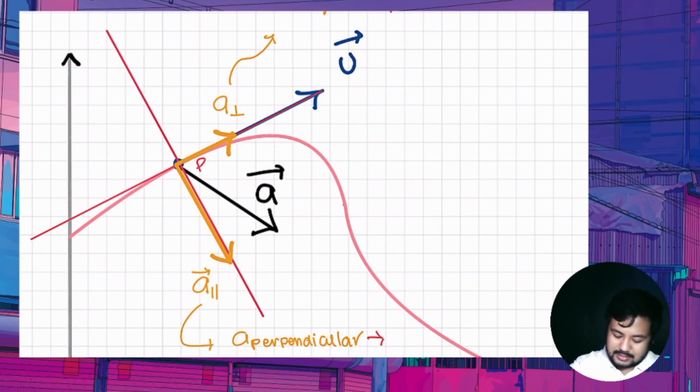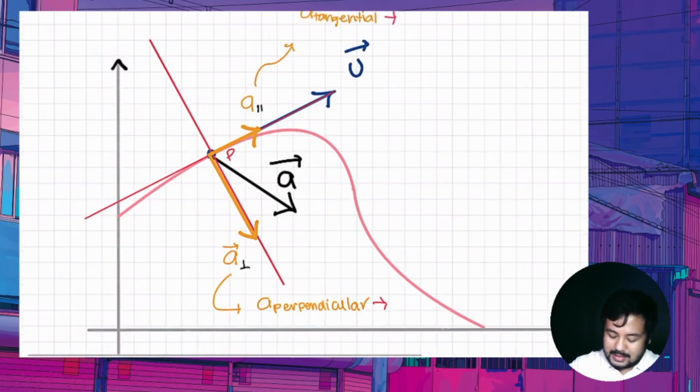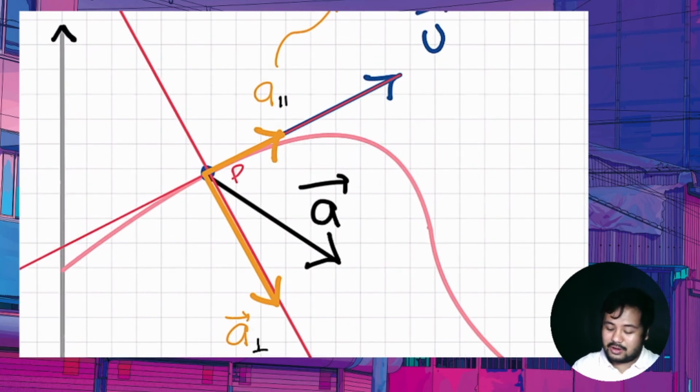This should be the parallel one, and this is the perpendicular one. So we have to make an axis with respect to our velocity vector v, and you make your axis, which is not necessarily the x and y, and then you have to decompose your acceleration vector into components.